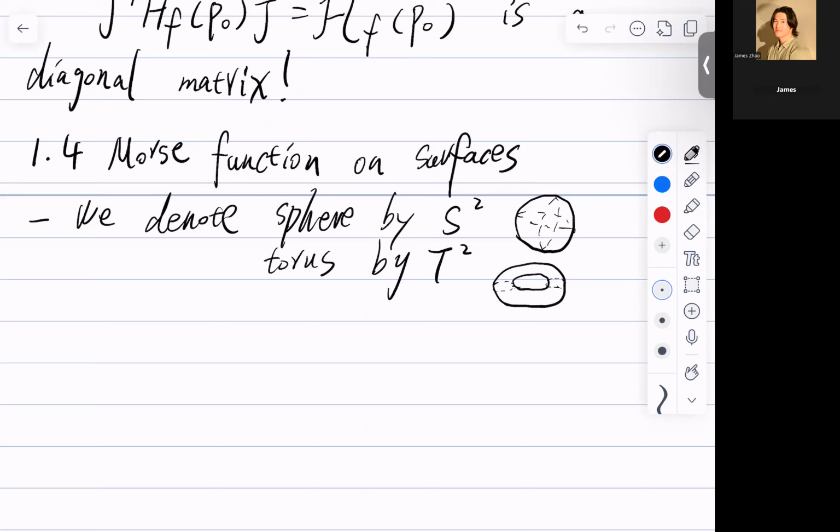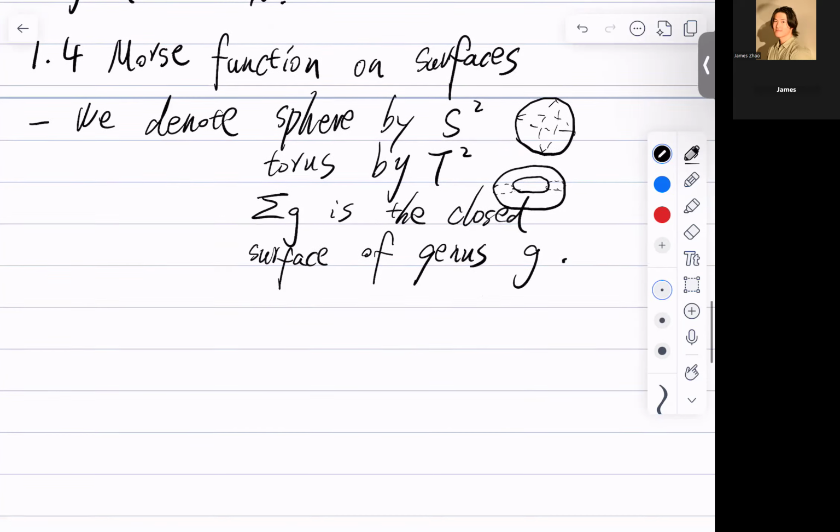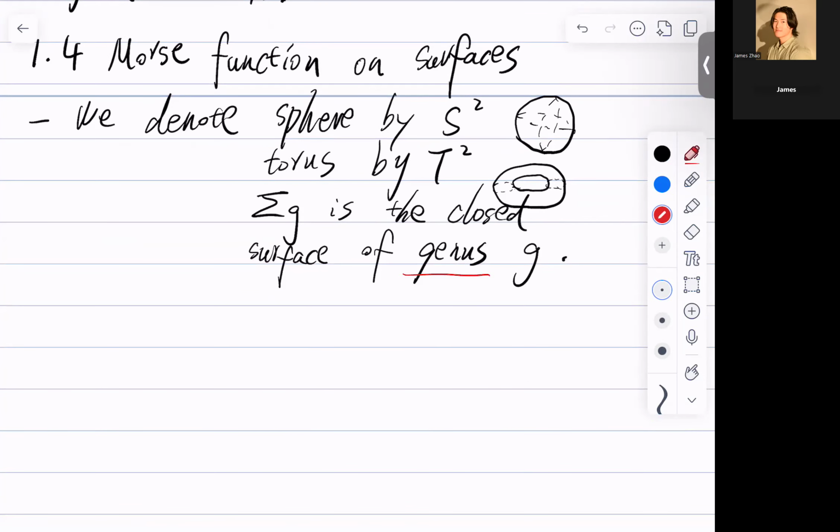And anyways, we also have another convention here. This sigma subscript g is the closed surface of genus g. We will define what closedness is later. I believe genus is pronounced as genus, but double check. So what is genus? Genus is the number of holes of a closed surface.